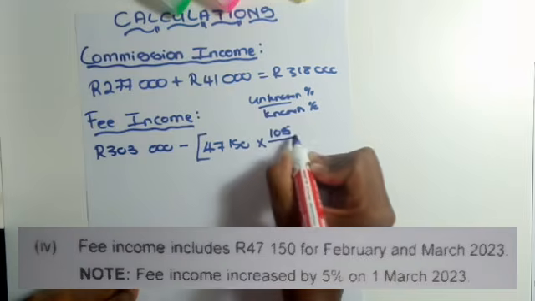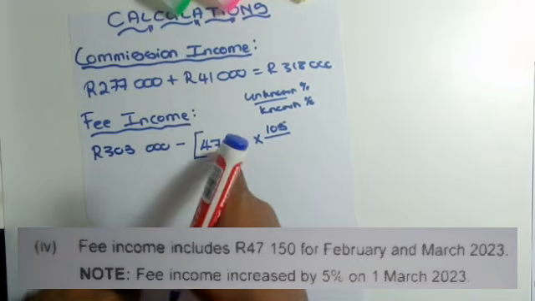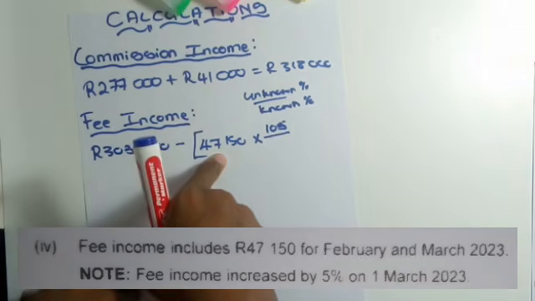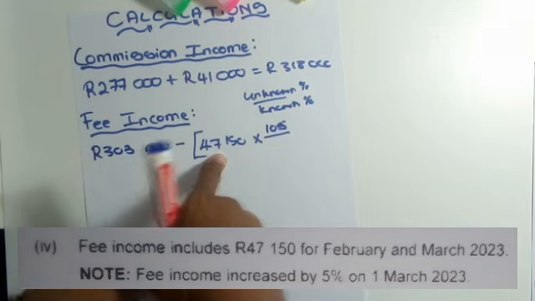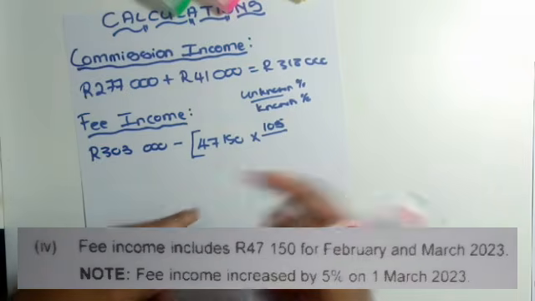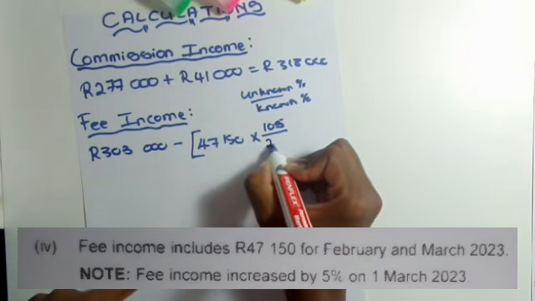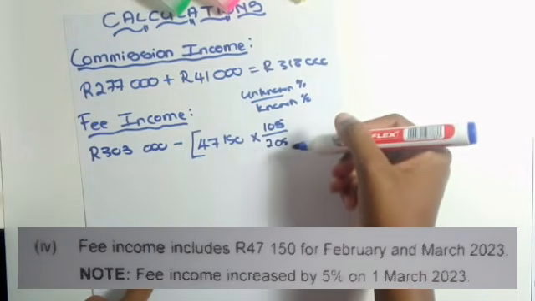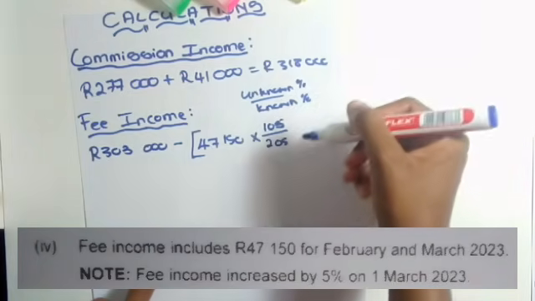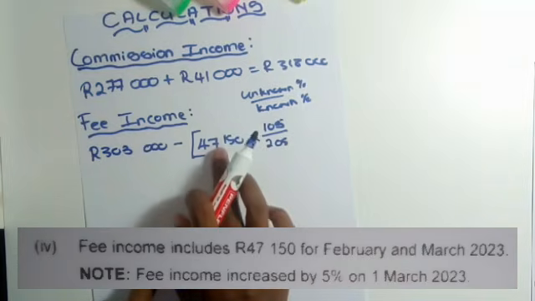Now, what do I have? I have with me here this amount, which represents February and March. February was 100 and March is 105. When you add them together, 100 plus 105, it will give me 205. So my unknown over known: what I'm looking for over what I have. What I have is the amount for both months.